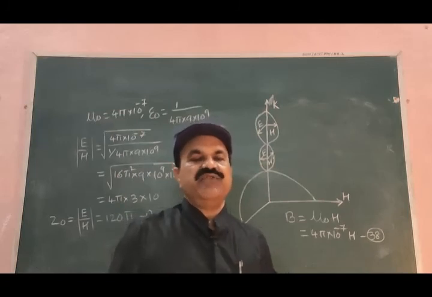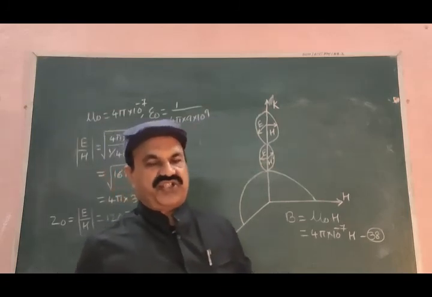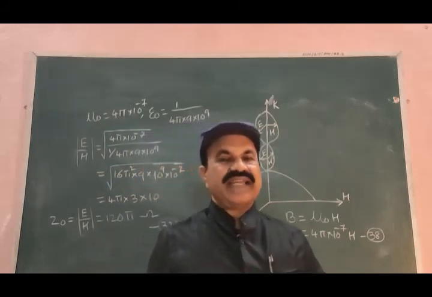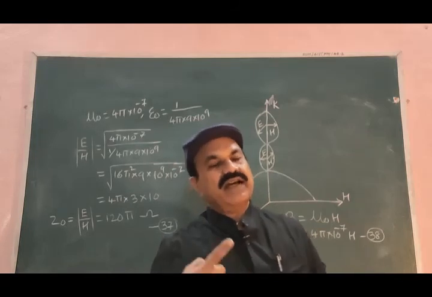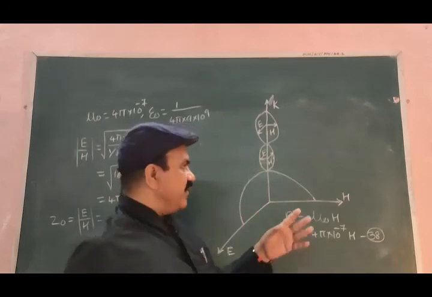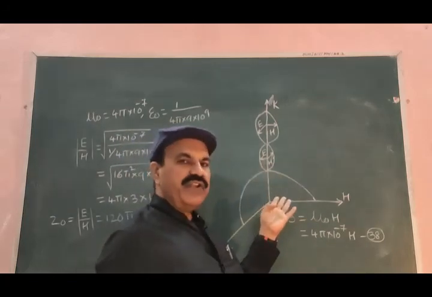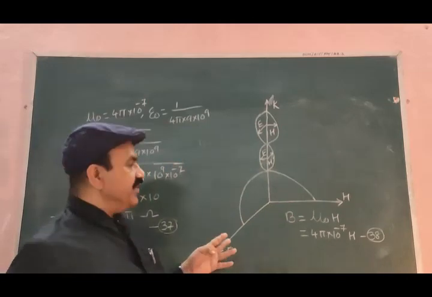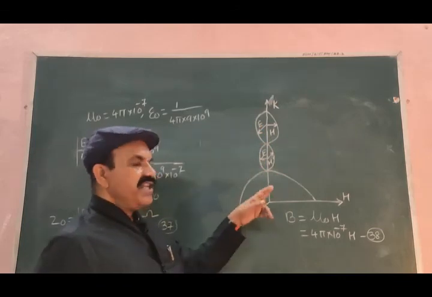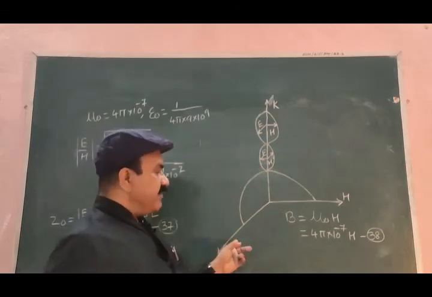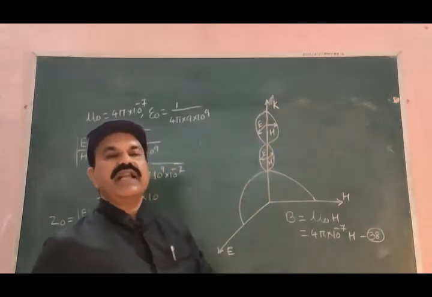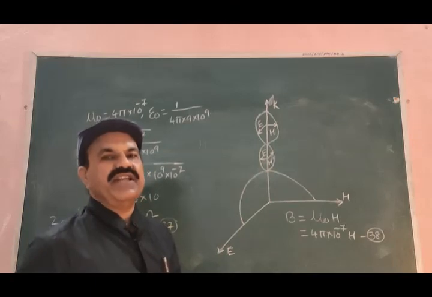It means that the relative amplitudes of E and H are the same at all points at all times when the plane electromagnetic wave is propagating in one direction, which is shown in this figure with the help of the three orthogonal vectors E, H and K. E and H are perpendicular to each other, and at the same time E and H are perpendicular to K. These are the relative amplitudes of E and H.